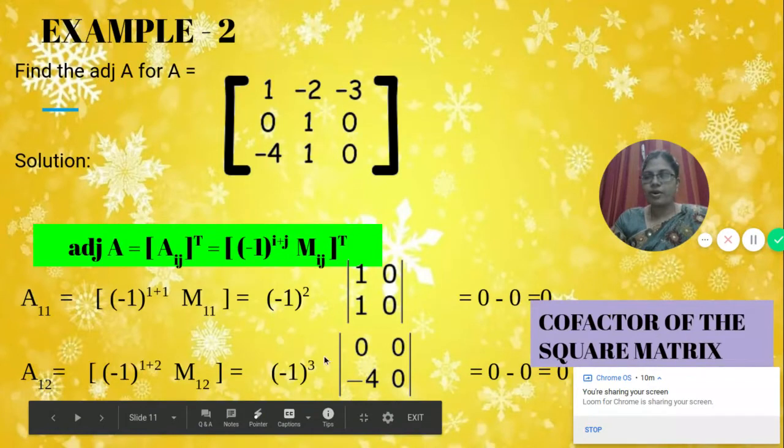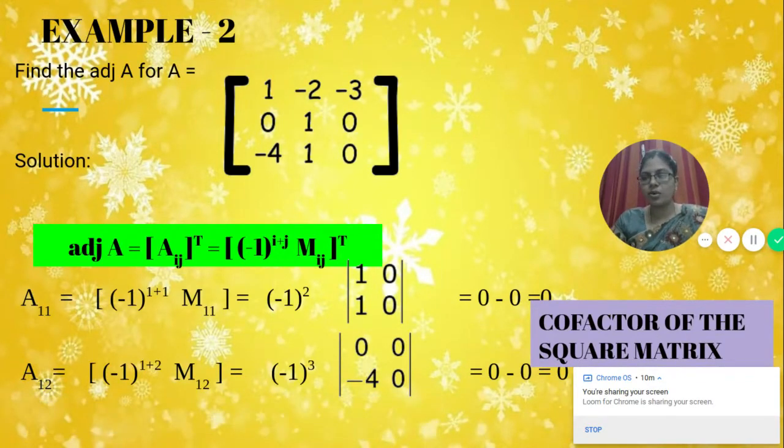So we are going to apply it in the formula. Aij is equal to minus 1 to the power i plus j, M11. Here our i plus j is 1 and 1, because the element lies in the first row and the first column. So my i is equal to 1, my j is equal to 1.